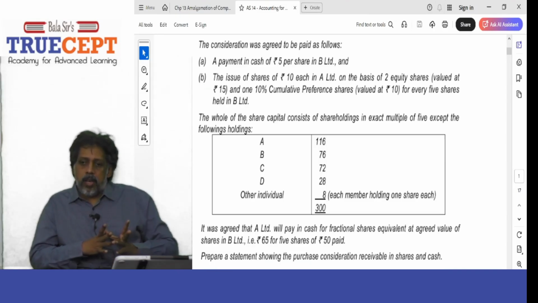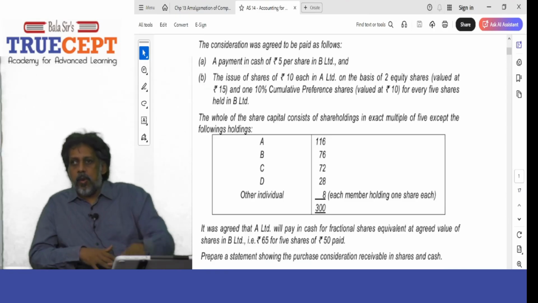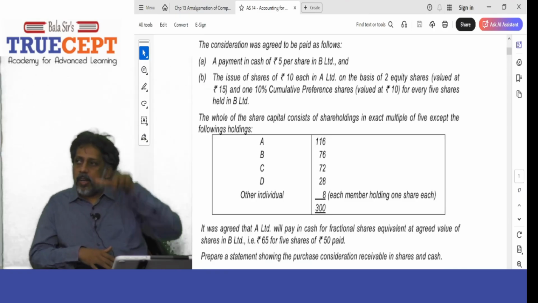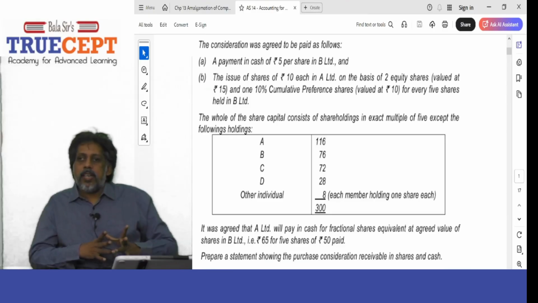Now tell me, how many fractional shares are there? 15. 15 shares, right? What is 15 shares into rupees 13 per share? 195. 195 rupees will be paid in cash separately. Understood? There's another way to get 195.